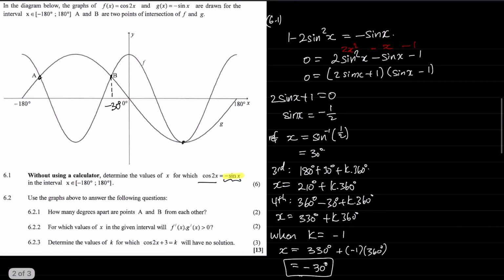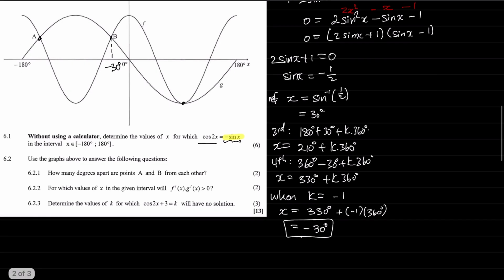Okay? Now we're looking for another solution. All right? And to get the other solution, what we can do is substitute another value. Oh, actually, we don't need to. We can substitute it into the other equation.